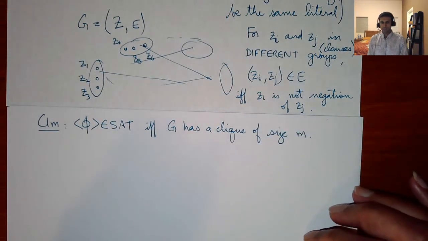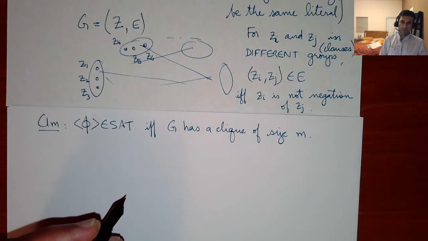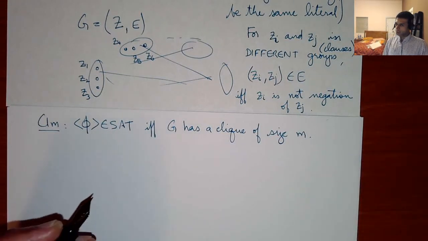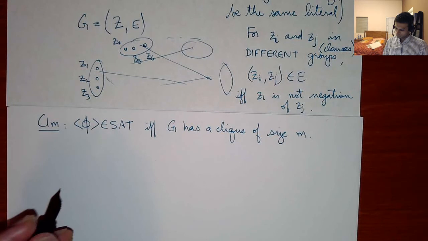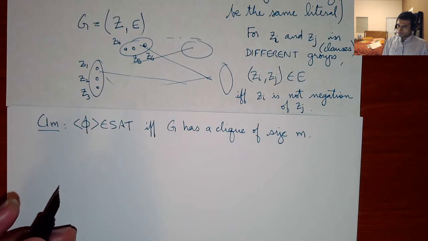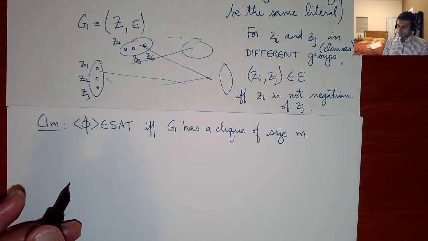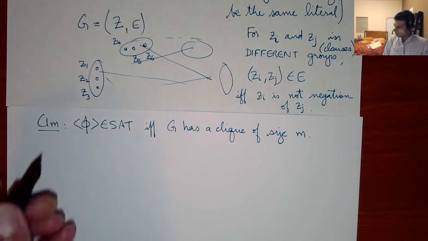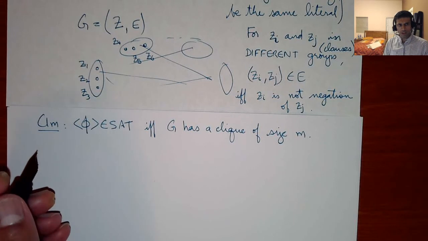Okay? Phi is satisfiable if and only if G has a clique of size m. Do you see why this is true?